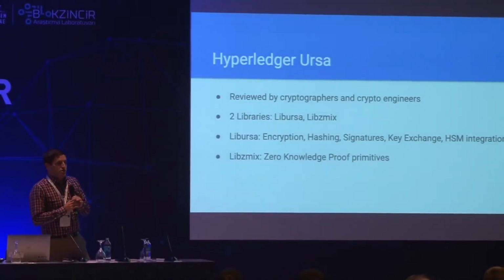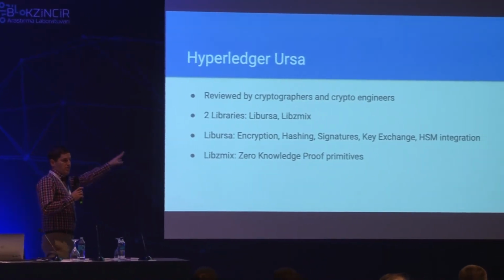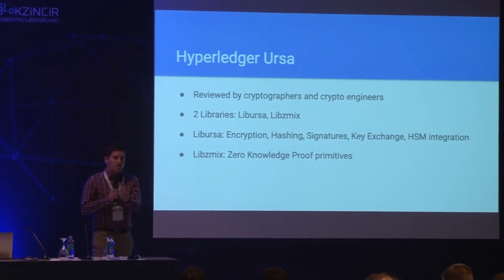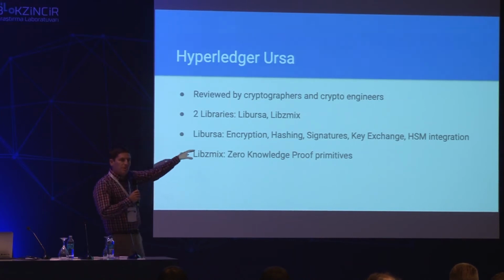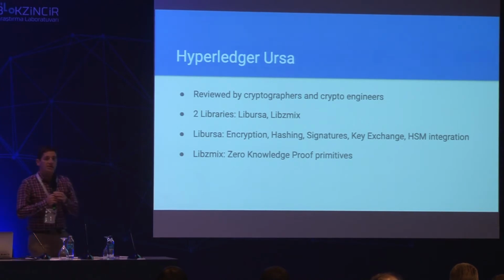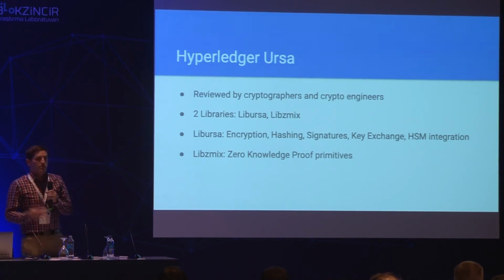Okay, so just real quick, if you do want to contribute to Ursa or start taking a look at it, it actually has 2 parts. And these have all been reviewed by people with PhDs in cryptography and some other hardcore crypto engineers. So libUrsa is your primitive basics of encryption, hashing, signatures, key exchange, and coming forth any hardware integration you may want to add, like Intel SGX enclaves, Apple iPhone secure enclaves, those kinds of OS key rings.